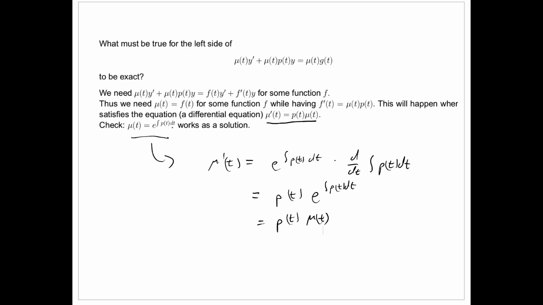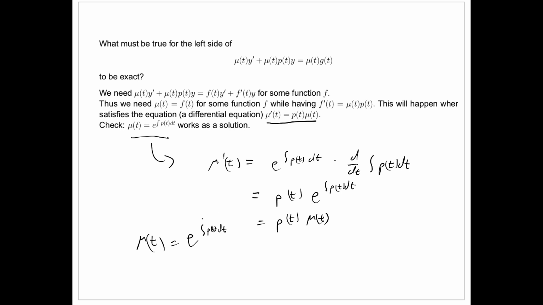Now, when I say a solution, notice that here, when we write mu of t equals e to the integral of p of t dt, there's an arbitrary constant that will be associated with this integral. The claim is it doesn't matter what that constant is.